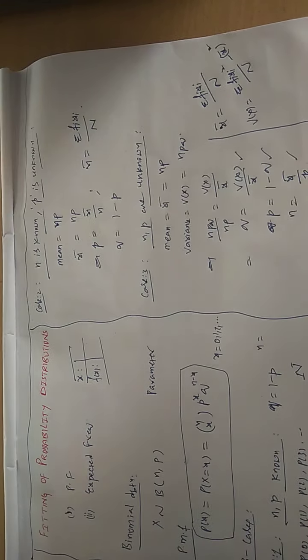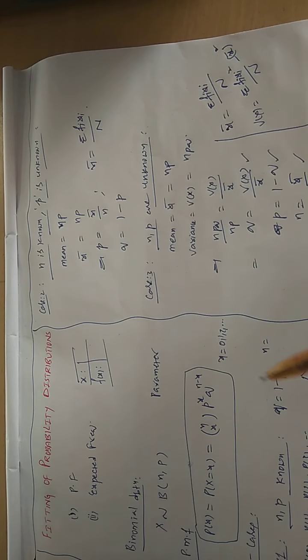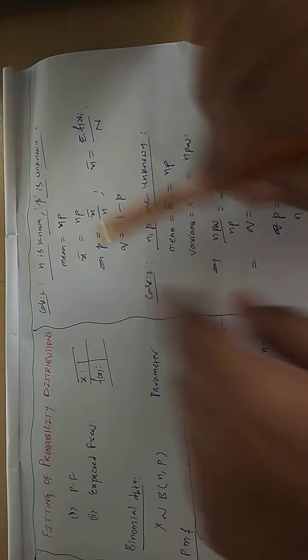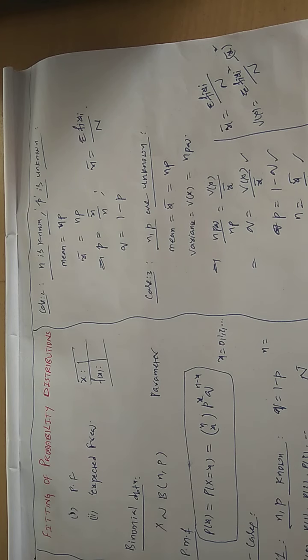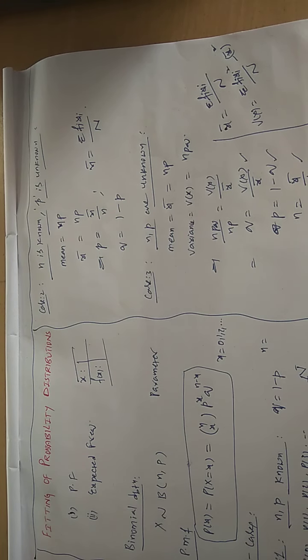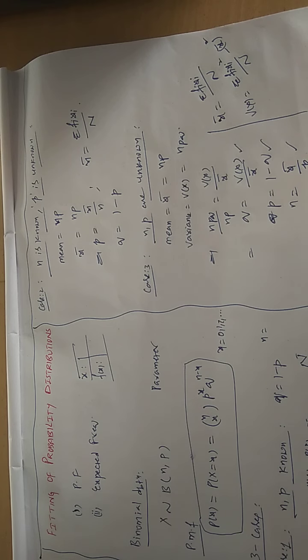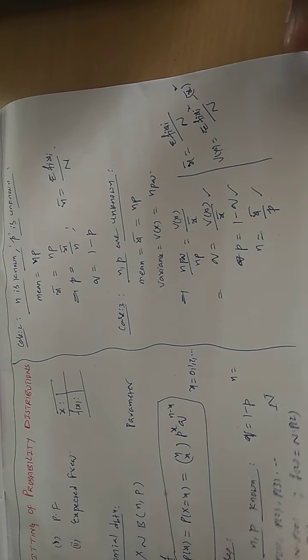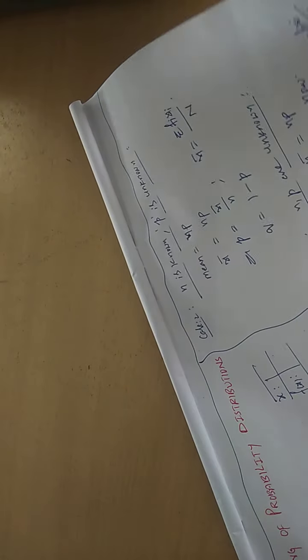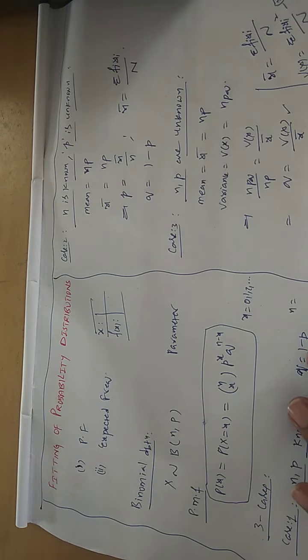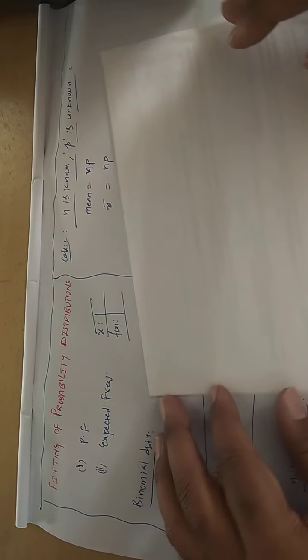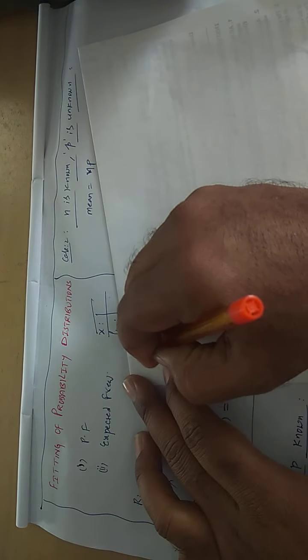In all these cases, case 2 is very, very important. So we are going to take up a problem under case 2. What do you call this? This you are calling a fitting of the probability distribution. If you use the binomial distribution, you call that fitting of the binomial distribution. After fitting any distribution, you follow a tabular method. What is the table method to calculate expected frequencies?